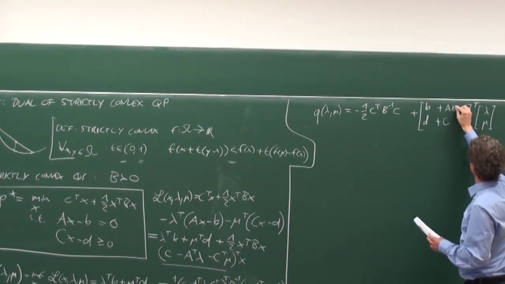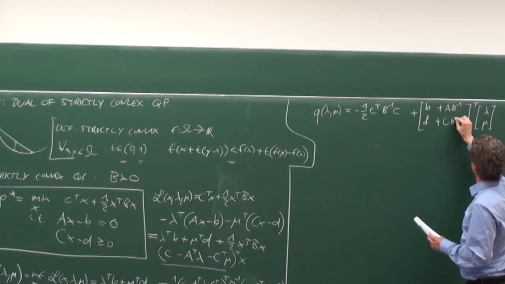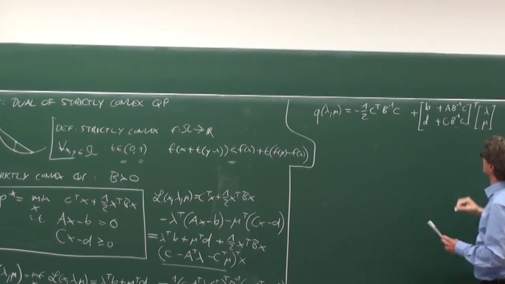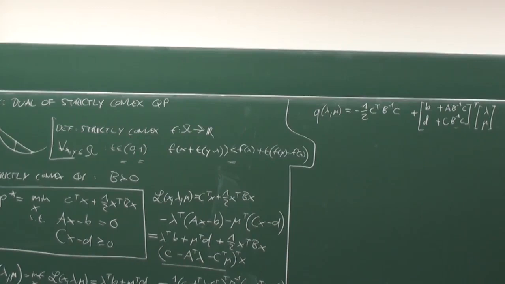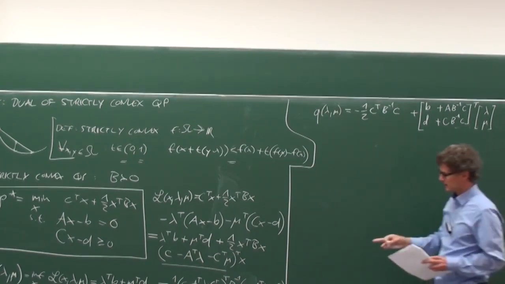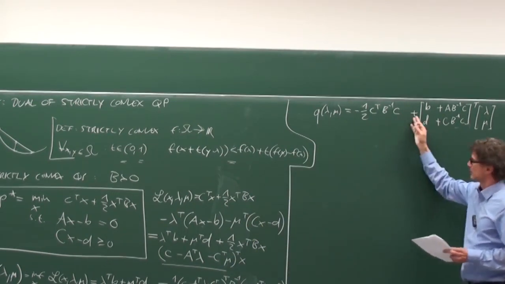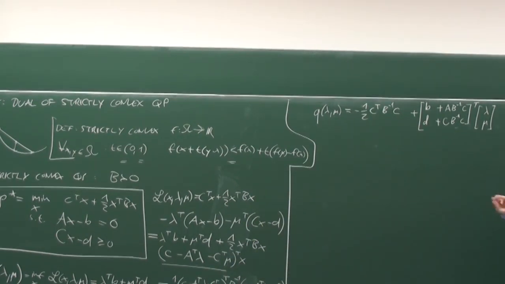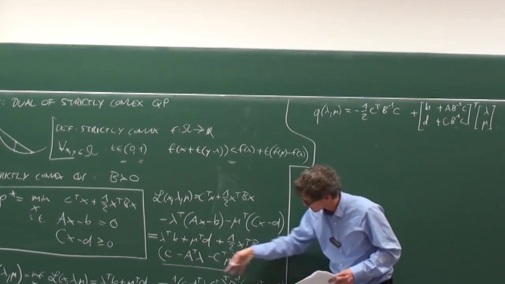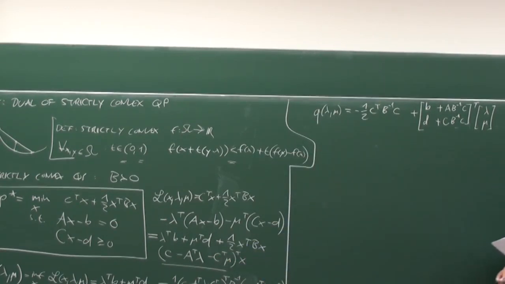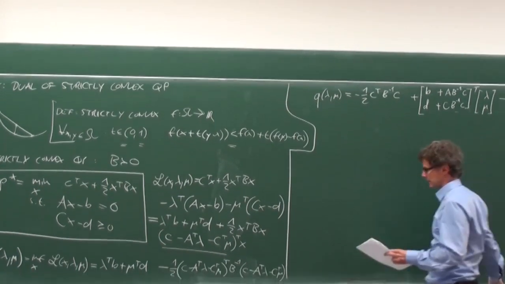And here I have a B to the minus 1 in front of both and a C. So these are the linear terms. And they are here with a minus 1/2. The minus sign I got rid of already because of the double minus, but it's a 1/2, but it appears also twice if I make this product. So I have all the linear terms, and now the only thing that's missing is the quadratic part.